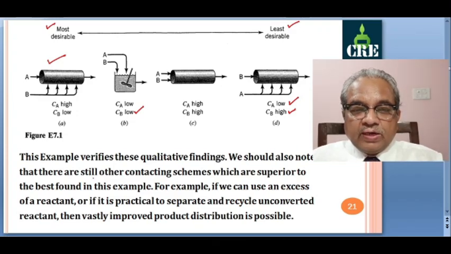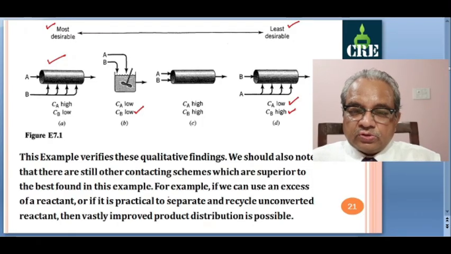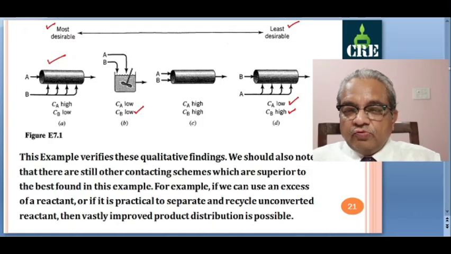We should also note that there are still other contacting schemes which are superior and can be best. These are only a few representatives. There are more possibilities of contacting schemes, for example, if we can use an excess of reactant, or if it is practical to separate and recycle unconverted reactant.